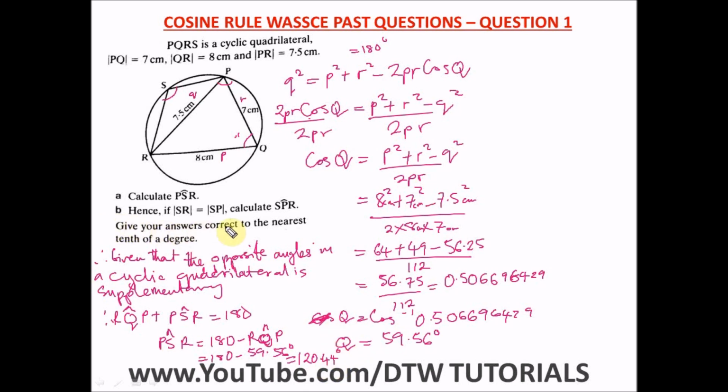But remember, it says give your answer correct to the nearest tenth of a degree. I hope you know your place value. Immediately from the decimal point, the first number here is your tenth, the second is your hundredth, the third is your thousandth. So we're going to take this to the nearest tenth, which is 120.4 degrees.